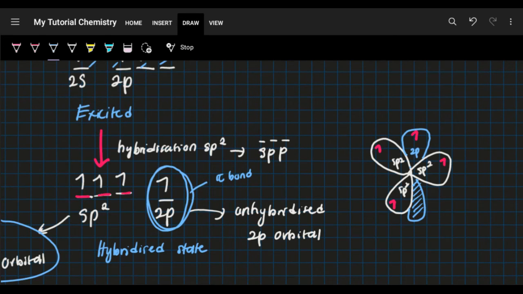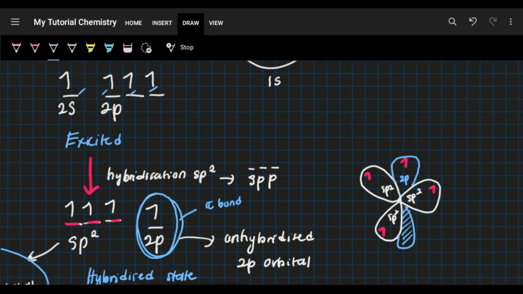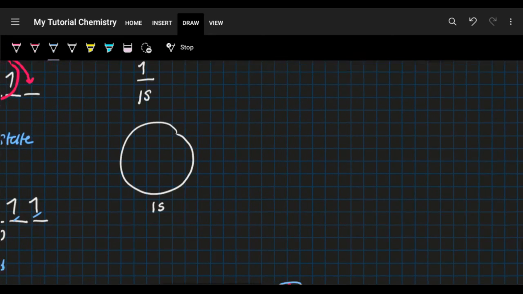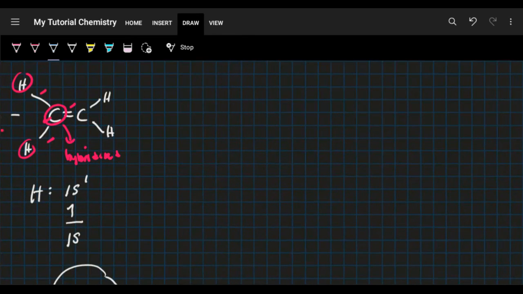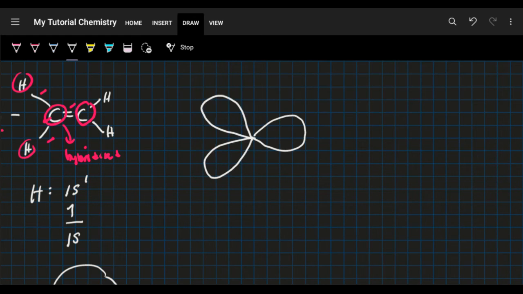Now we draw the overlapping orbital between sp2 and s orbital. First, make sure carbon overlaps with the neighbor carbon. 1, 2, 3.